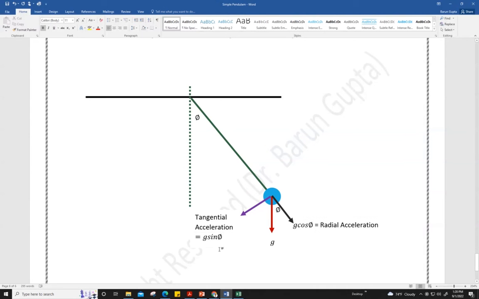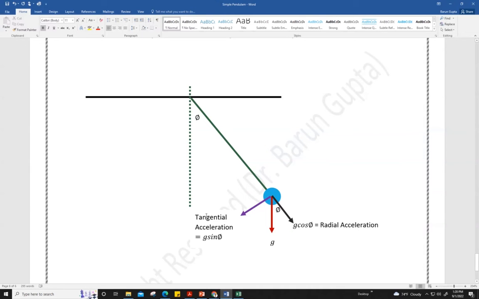So we have two components, and as the pendulum swings, the angle phi changes. At the lowest point, my phi will be zero. So my tangential acceleration would be zero, and you will have maximum radial acceleration, g cosine phi, which is the acceleration due to gravity.